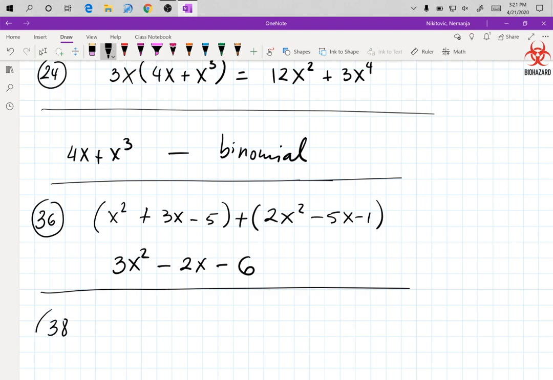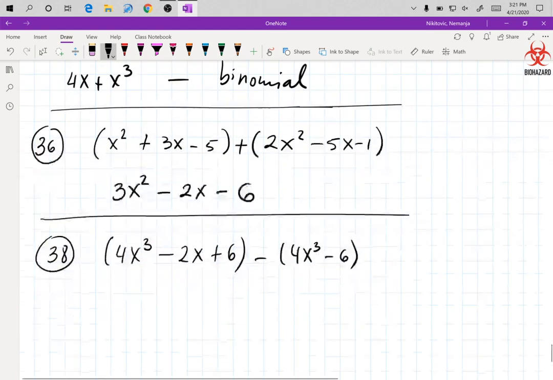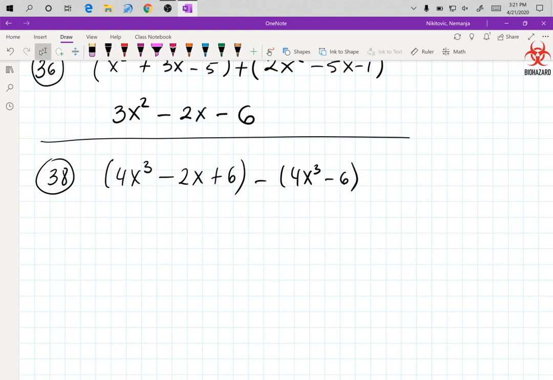Problem 38 is pretty much the same thing, it's just subtraction. And I always encourage students to first get rid of the parentheses. So we remove the parentheses first.